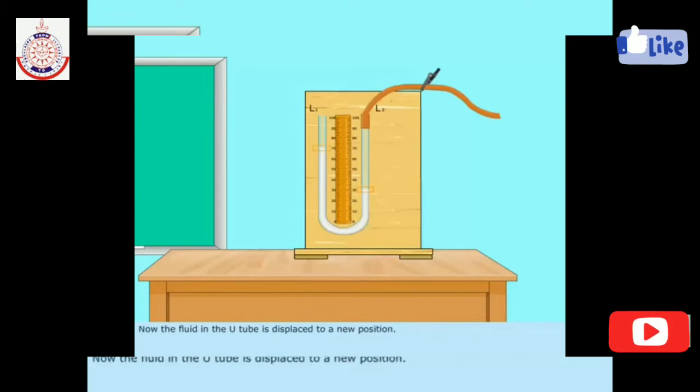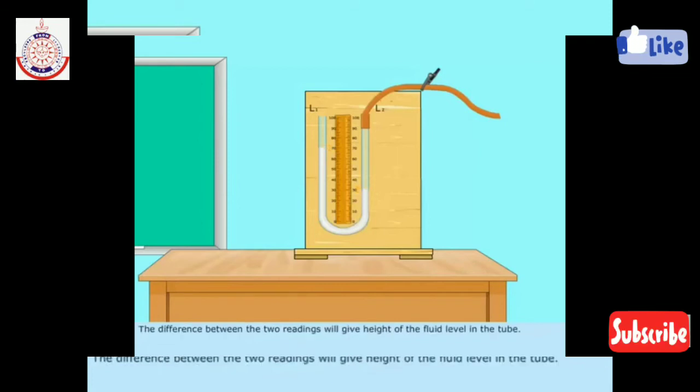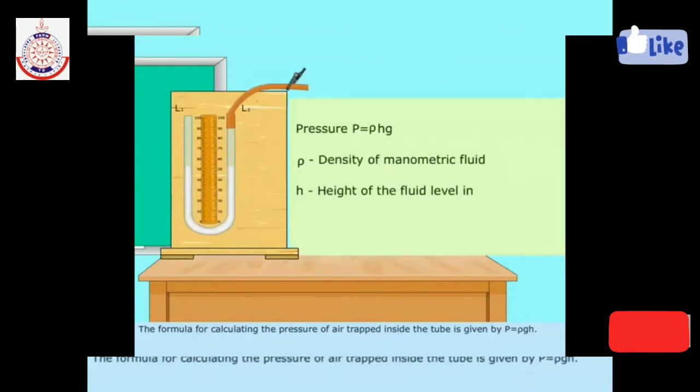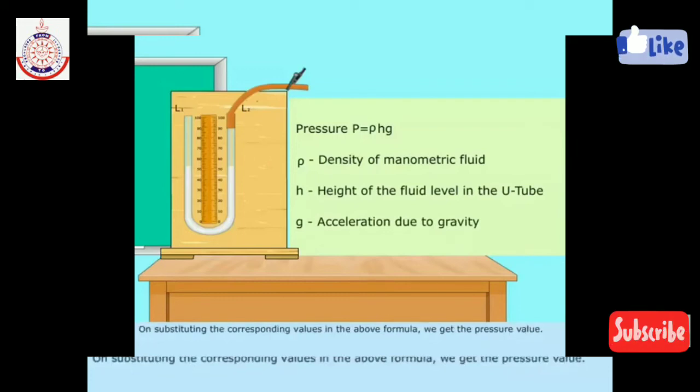Now the fluid in the U-tube is displaced to a new position. The difference between the two readings will give the height of the fluid level in the tube. The formula for calculating the pressure of air trapped inside the tube is P equals rho g h. On substituting the corresponding values in the above formula, we get the pressure value.